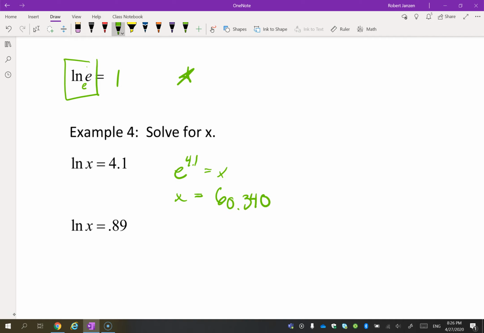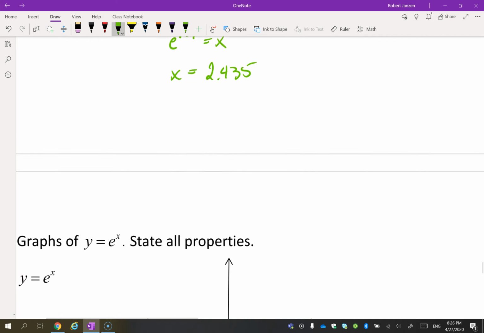And then if we want to do this one, e to the power of 0.89, so x is 2.435.